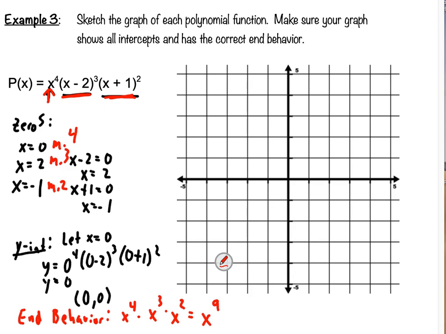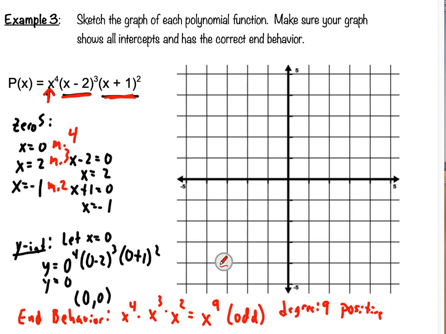So that 9 there is an odd degree. It is a degree of 9, and it's odd, and we also know it's positive. We know it's positive because the leading term would be a 1 in each case.